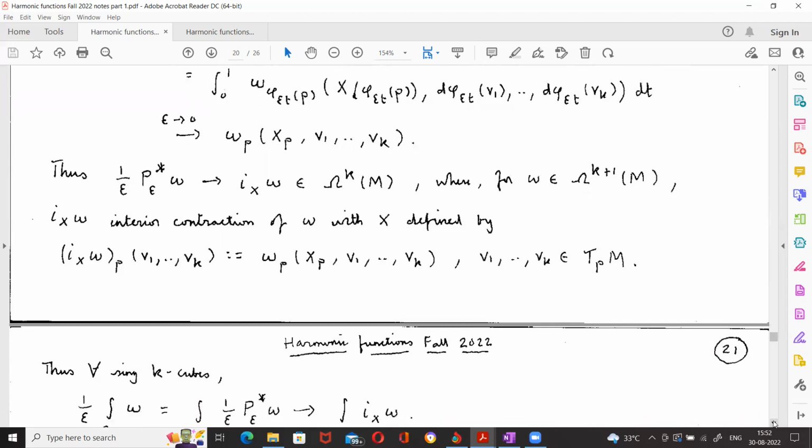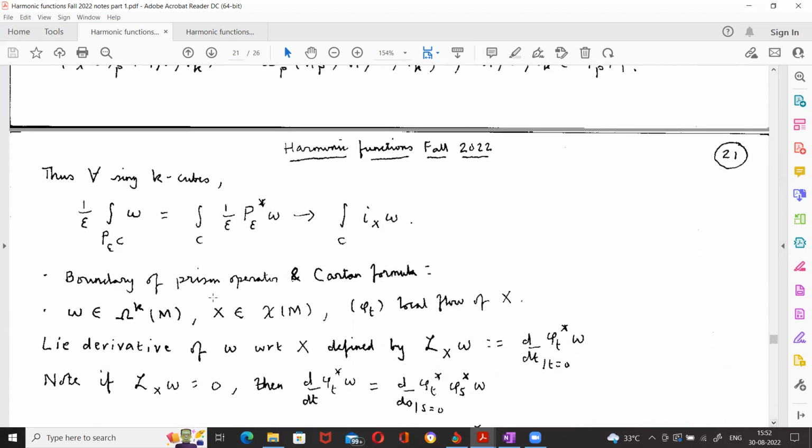What does it mean? It means if I look at the integral of omega over a small prism, P epsilon of c, and I divide by epsilon, then this is the same as the integral over c of 1 over epsilon P epsilon star of omega. And now this form inside is converging to I_x omega. Therefore, this integral converges to the integral over c of I_x omega.